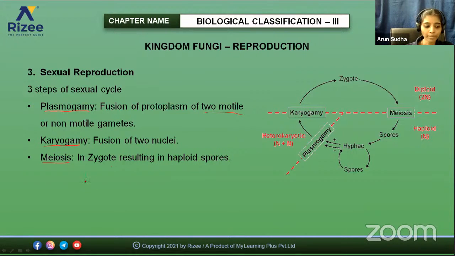For example, in the lower fungi, the gametes will be N, that is haploid, one from the male nucleus and one from the female nucleus, and it leads to the formation of a diploid zygote, and this leads to the formation of spores.